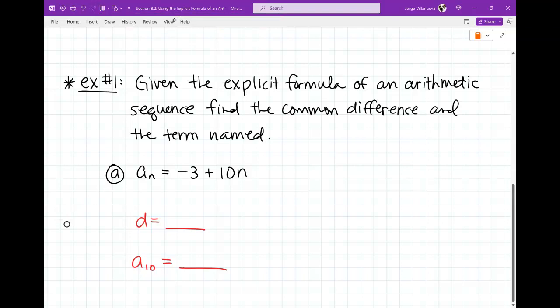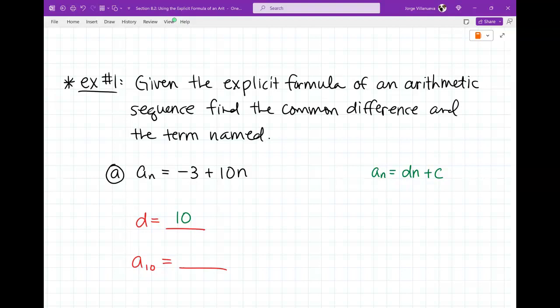It's supposed to be easy. 10, because it's dn, right? Remember, a sub n is equal to dn plus c. That's the explicit formula. So d is whatever's right next to the n. Right next to the n is a 10. So 10. All right?